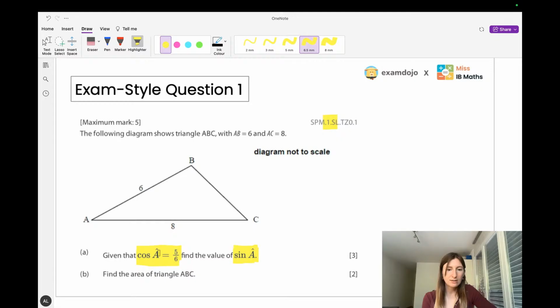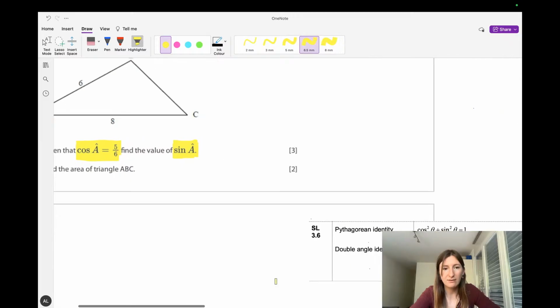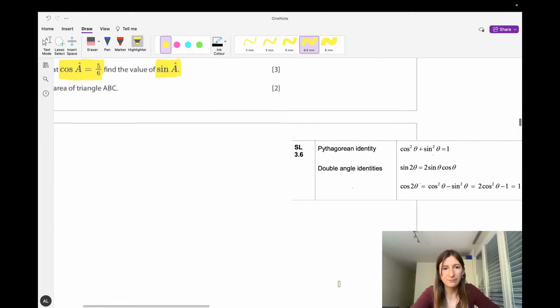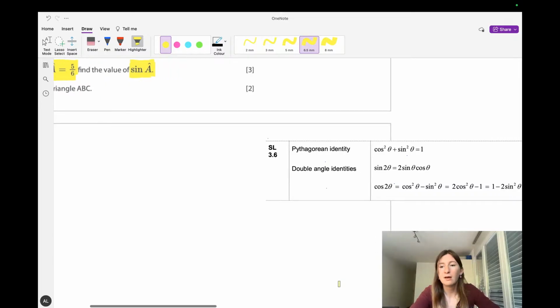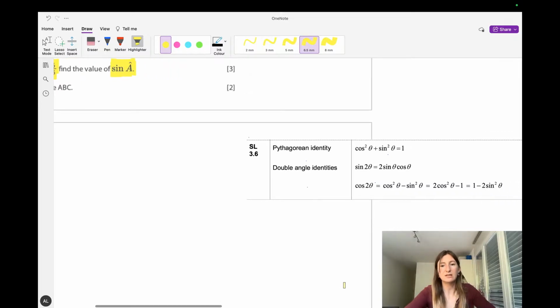If I've been given cos A, think of it like a formula, and I need to find out what's missing. So this goes to our identities. So I have the identities here that we've been given. There we go. They've given us these identities. So if I know cos theta, which of these could I use? Well, this one has cos theta, but then I need sine 2 theta.